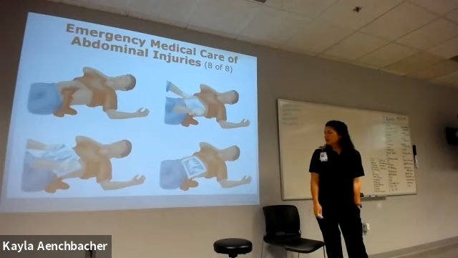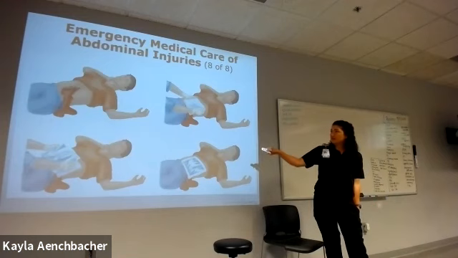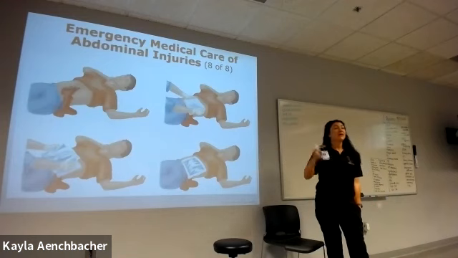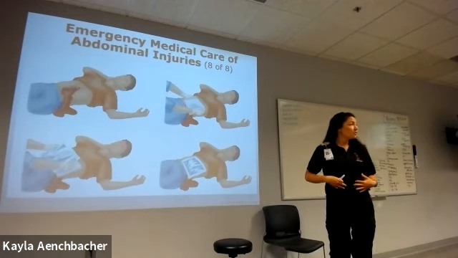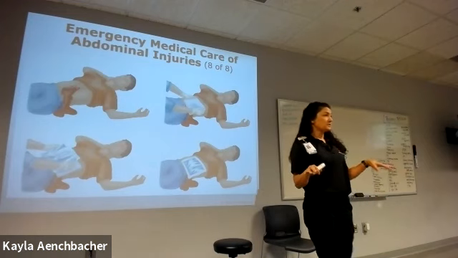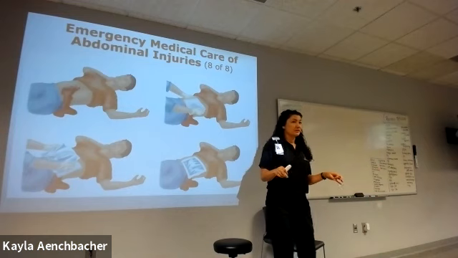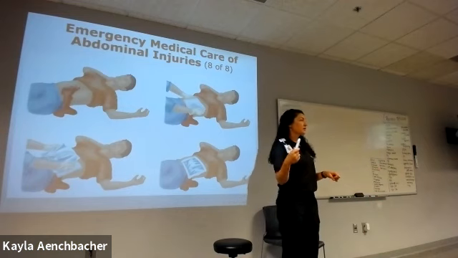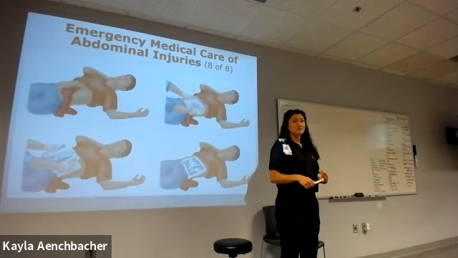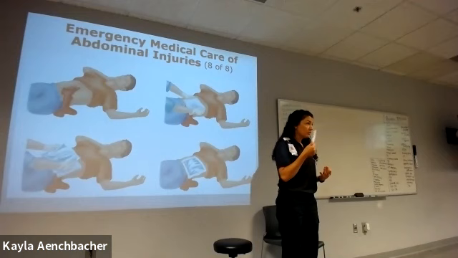So here's a little better visual, right? If we have an evisceration, or if we have what? It doesn't have to be in the abdominal quadrant, it can be anywhere in the body. When are we going to use a moist gel dressing? When we have a significant underlying structure exposed. All right, so bones, organs, eyeball, brain matter.